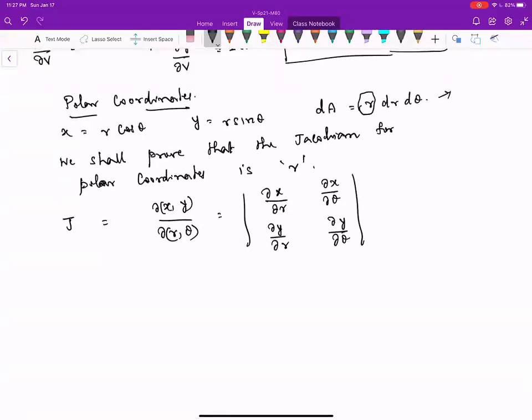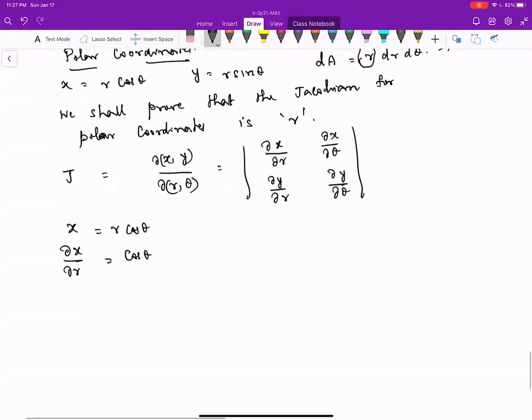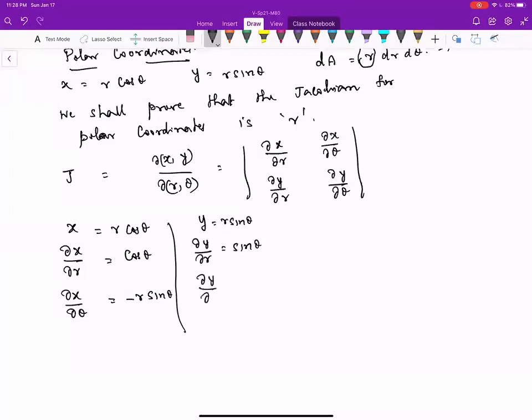They're all partial derivatives. X equal to r cosine theta. So what is the partial derivative with respect to r? That would be cosine theta. With respect to theta? That is negative r sine theta. Y equal to r sine theta, partial y with respect to r would be sine theta. Partial y with respect to theta is r cosine theta.